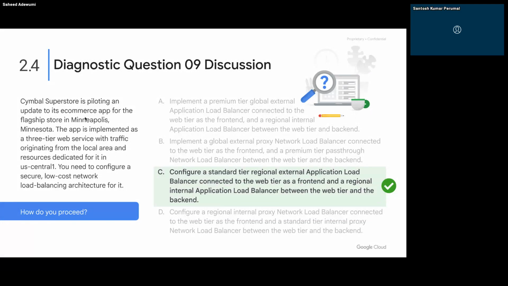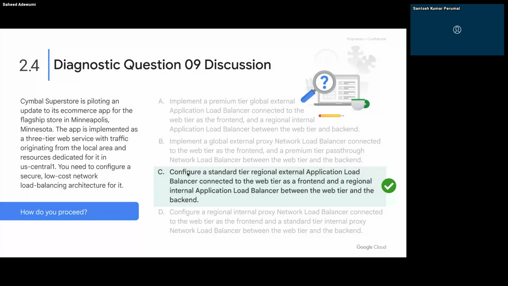Whenever you are trying this concept, say we are trying to set up an e-commerce application in a particular location, and the application is implemented as a three-tier web service, where traffic originates from the local area and the resources are dedicated there.